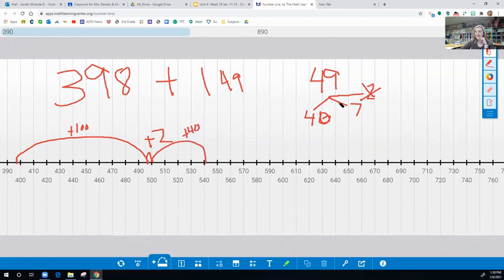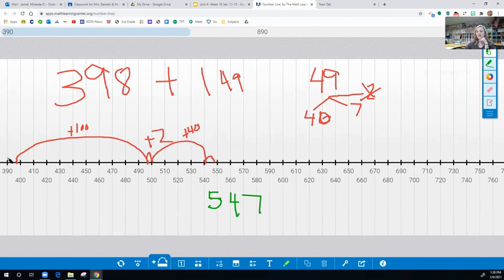And then I can add the 7, and I would be at 547, which is really close to 550. And I'm going to change my color to 547.